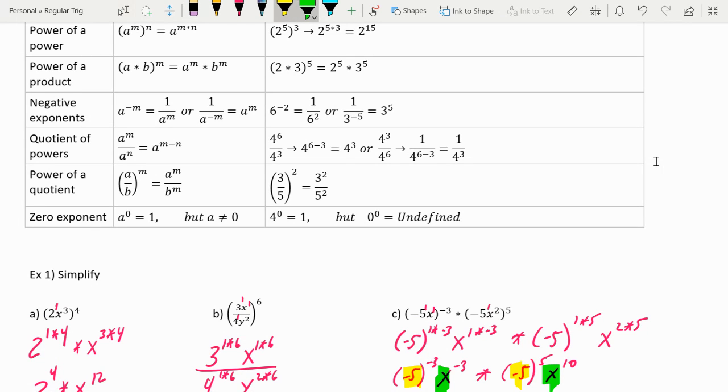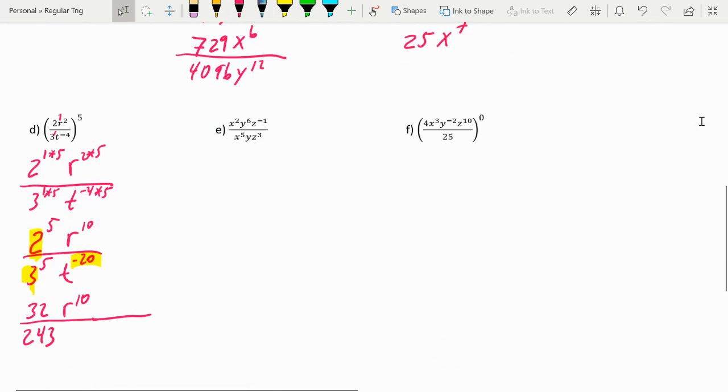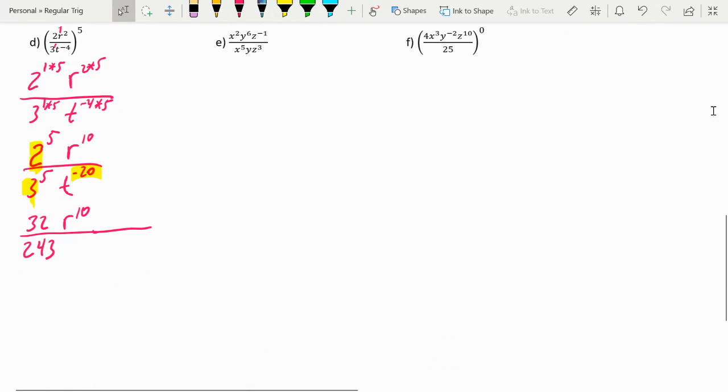This is the rule right here that I want you to remember, negative exponents. That's the one I want you to remember, so that's what I'm going to be referring back to. Since that t was in the denominator with a negative exponent, it moves up to the top and becomes positive, and we're done.